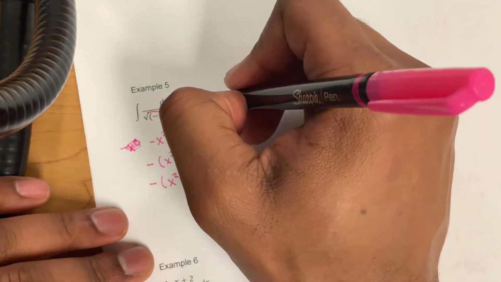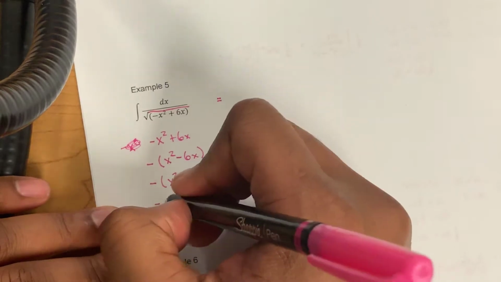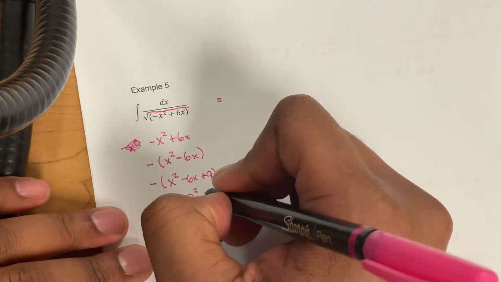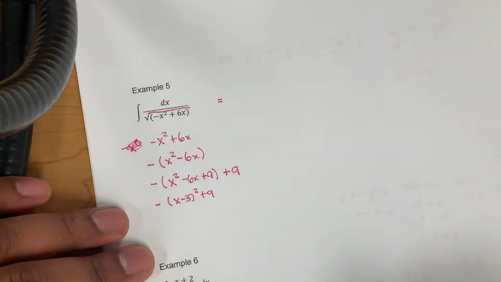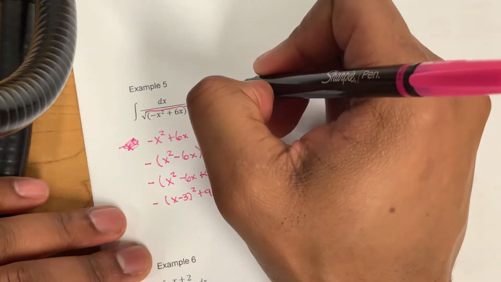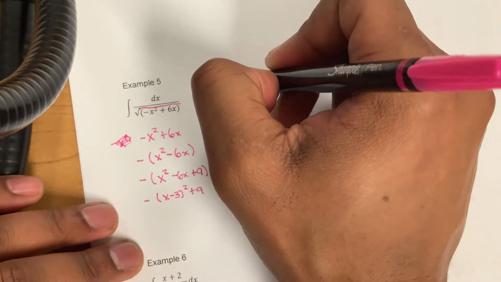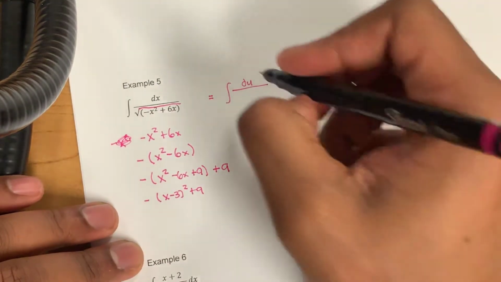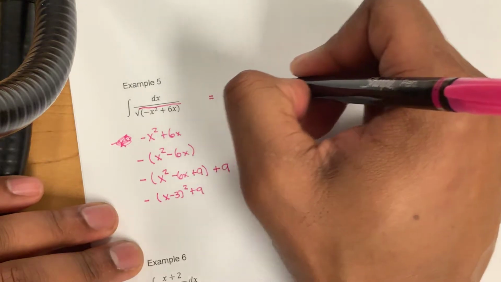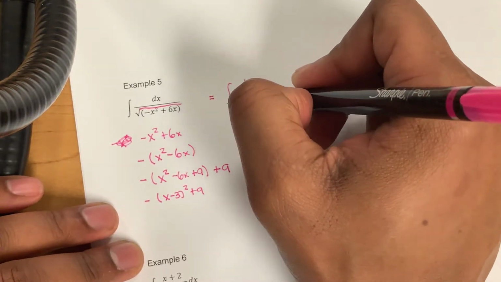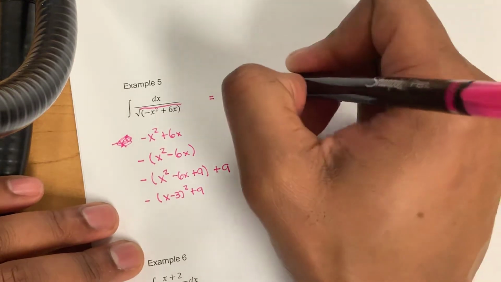So let's finish this out. So we get negative x minus 3 squared plus 9. So the rewrite for this integral is going to be the integral of du over the square root of 9 minus x minus 3 squared.